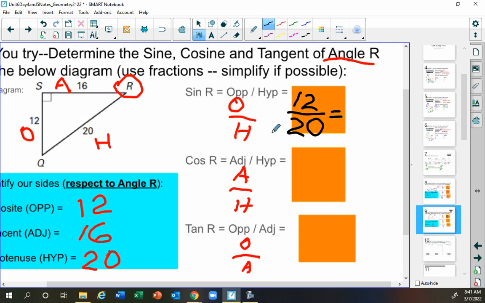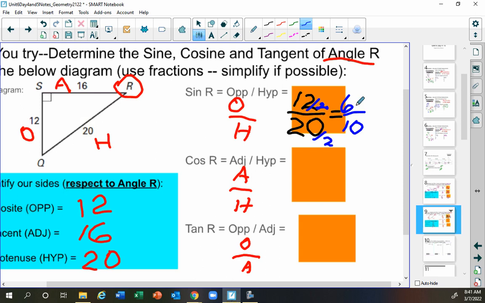So if any number is even, we can always divide an even number by 2. So if we did that, 12 divided by 2, 20 divided by 2. We get, well, what's 12 divided by 2? Over 20 divided by 2.